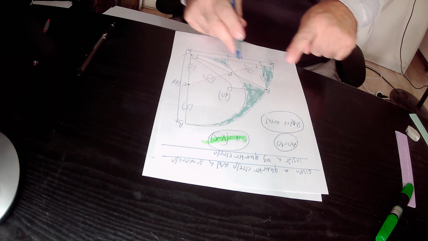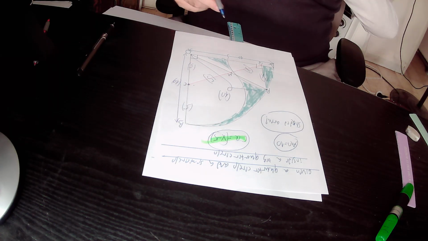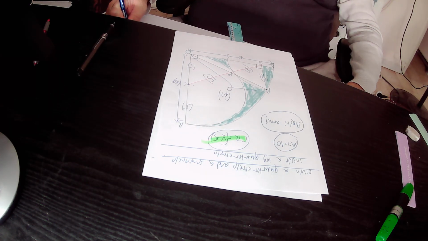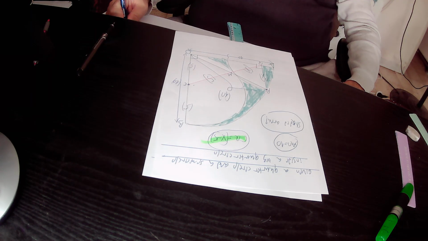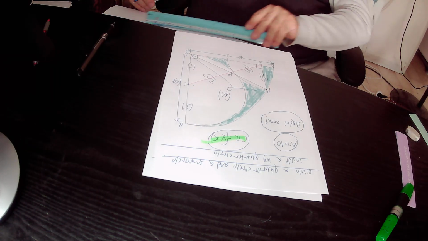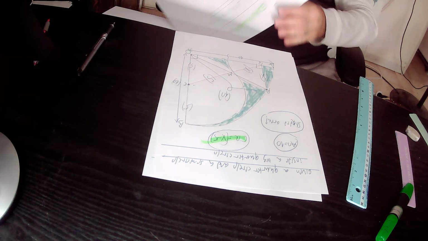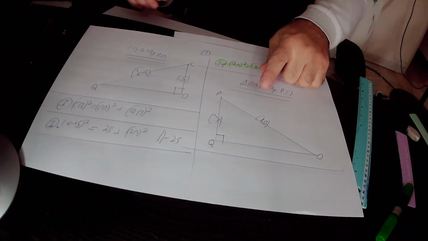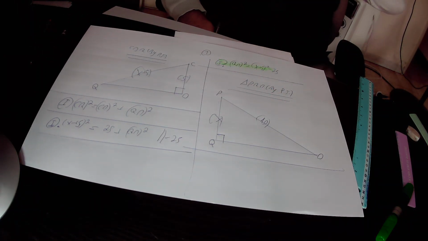So the hypotenuse PO of this right triangle PQO equals 10 units in its length. It is the radius of the big quarter circle AOB. So actually, this is the right triangle PQO from the original drawing.